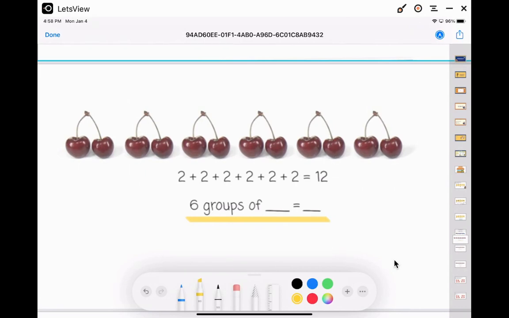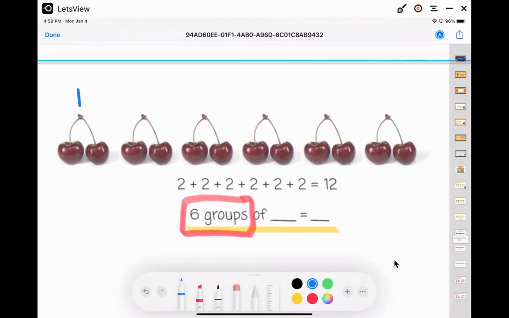All right, well, let's see how we did. The question started us with 6 groups. We know that there are 6 groups because that is the number of sets of cherries that we have. 1, 2, 3, 4, 5, and 6. But we need to figure out what goes in these blank spaces. 6 groups of blank equals blank.